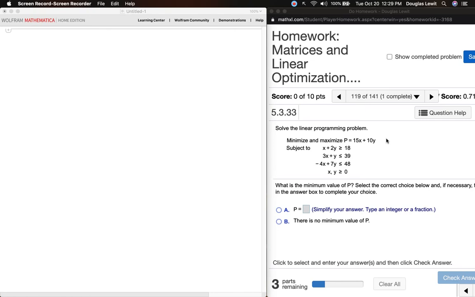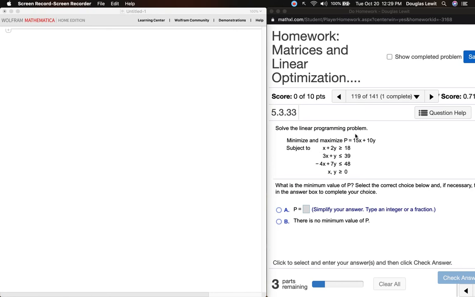But in this one, we are graphing our solutions on the XY plane. So this is just a regular linear programming problem. The next problem that I do for you will be a word problem. Okay, so let's get going here.